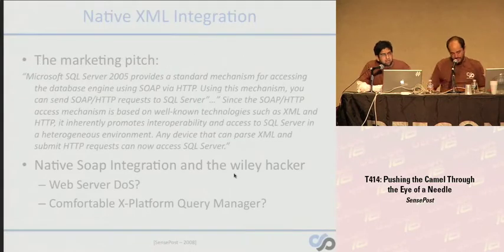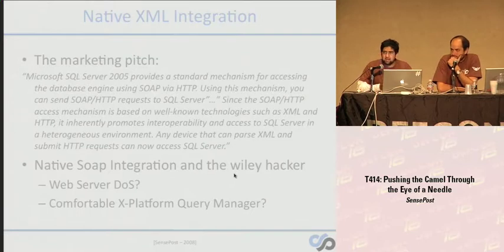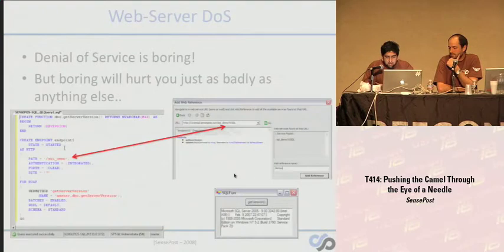So the marketing pitch for XML web services, straight from Microsoft, basically says, use this mechanism, you can create SOAP endpoints from within SQL Server. Anything that can parse XML can now send requests and talk directly to SQL. So already this gives us two cool things. One is the ability to launch DOS attacks on the web server. The other is a good cross-platform query manager.